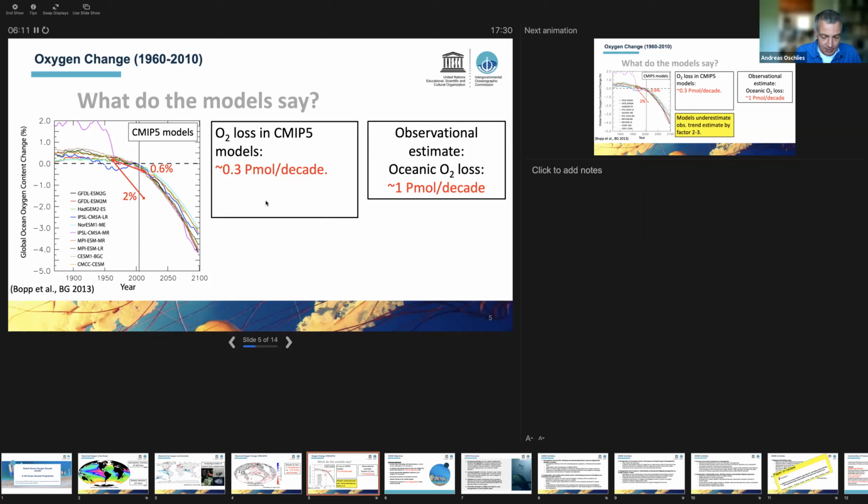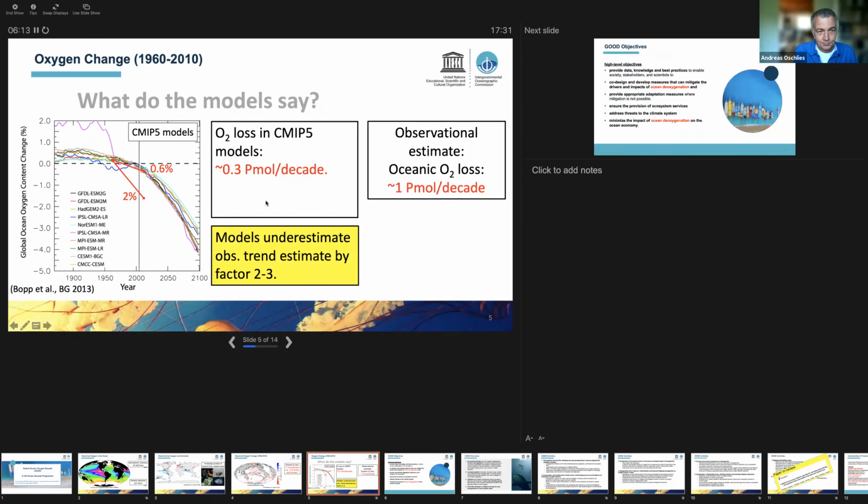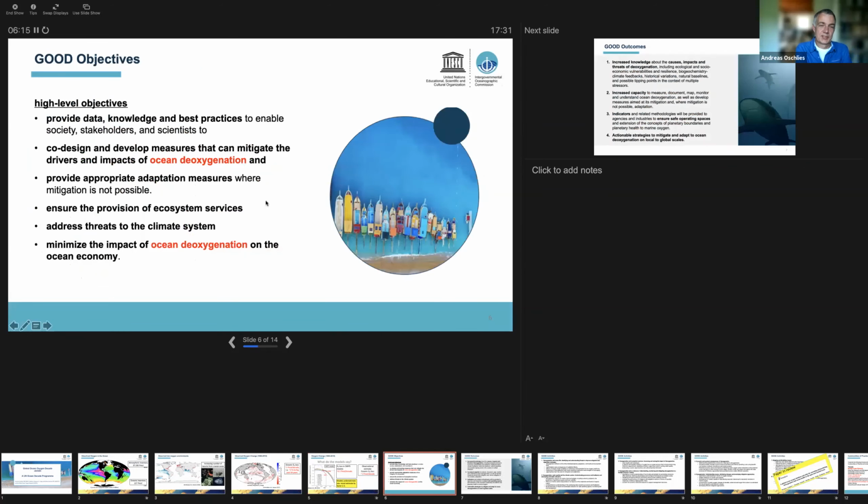So this is about our starting point, where we started and thought it would be good to use the UN Ocean Decade to improve our understanding of oxygen changes in the ocean.